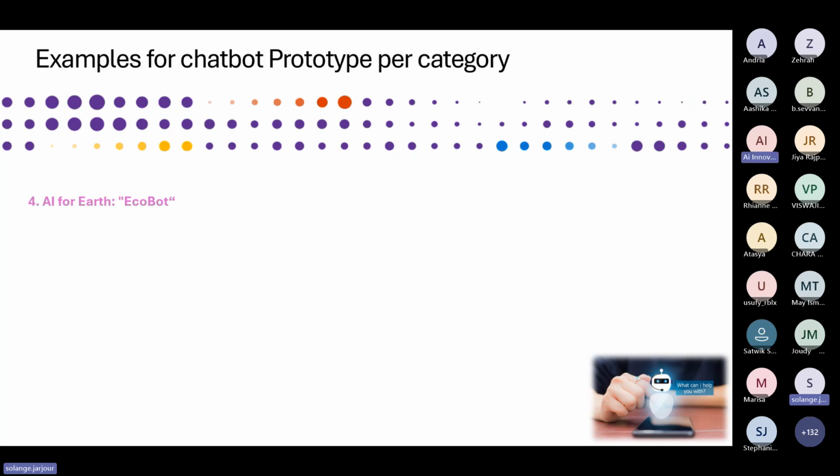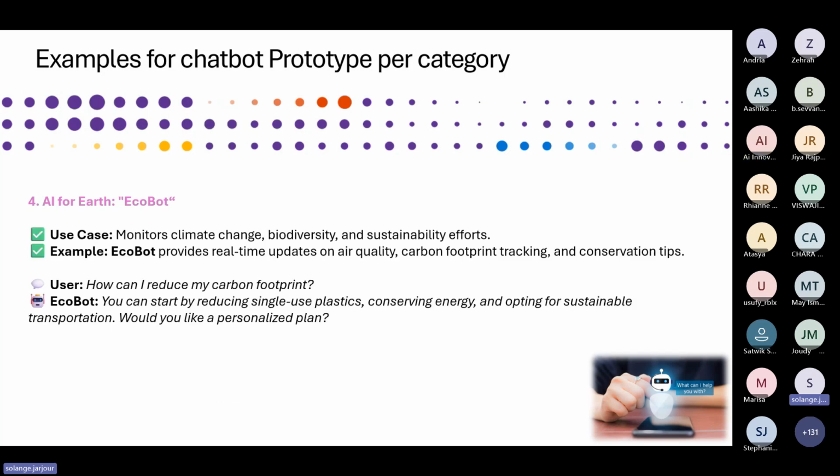A bot that tells us about how to reduce global warming, scan for earthquakes, people who cut trees, what to encourage people to save the earth. Amazing. So here I can train the bot about information related to reducing carbon footprint. And when I ask the bot about how to reduce, it will tell me how to reduce.